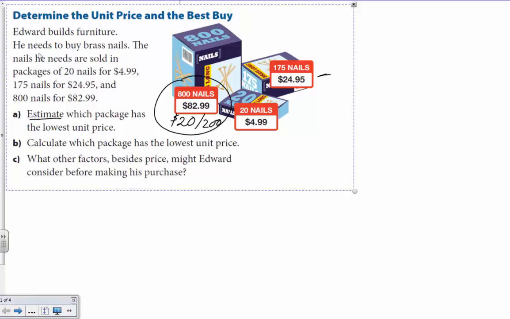The 175 nails for $24.95 is going to be a little more than that, so it's probably going to be around, we'll say $27-ish. And this one, multiply it by 10 to get 200, so we're looking at almost $50 for 200. So based on our approximation, our estimates, quick numbers in our head, 800 nails is going to be our best choice.